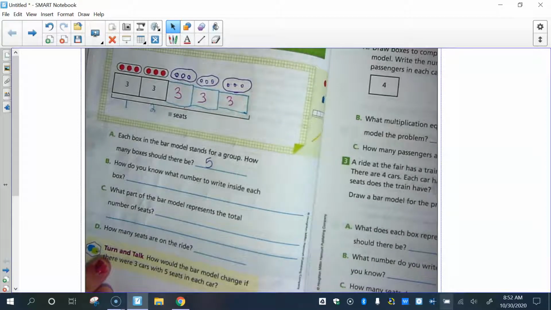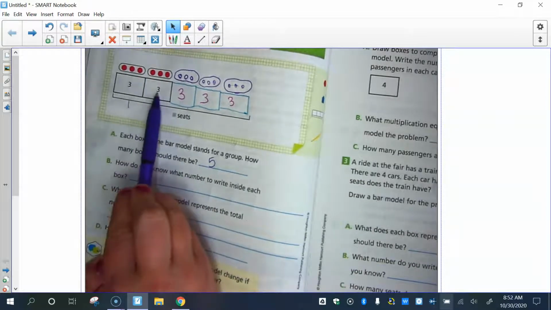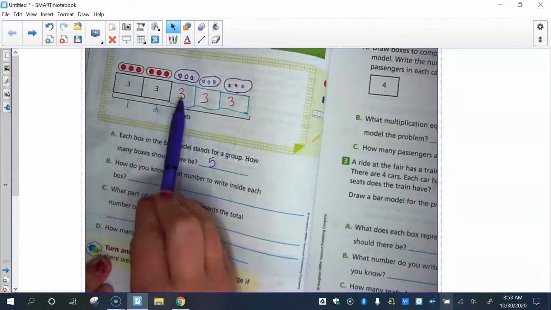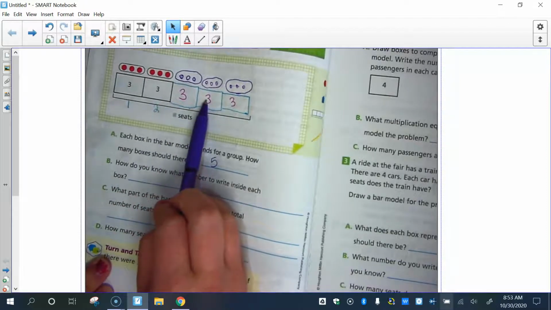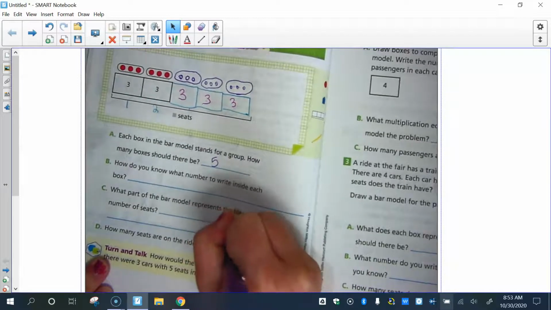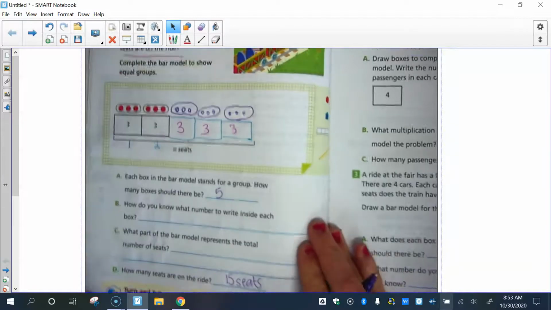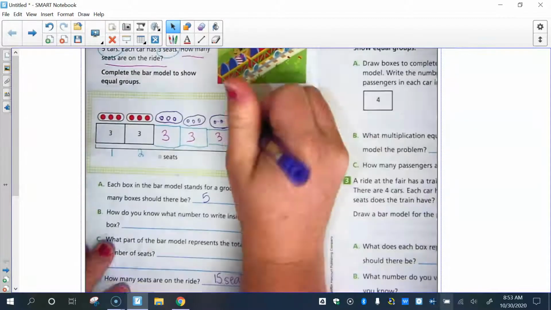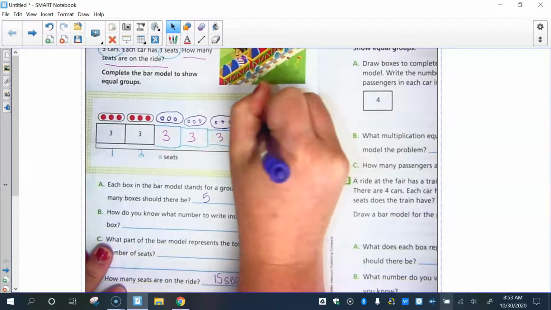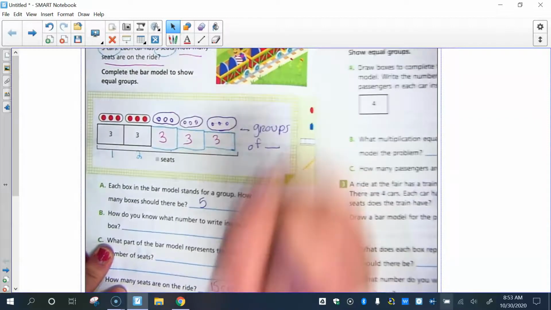So let's count how many seats. Let's skip count by 3. 3, 6, 9, 12, 15. So there's 15 seats. Always put seats. But how would we turn that to a multiplication problem? So we just skip counted by 3. Remember, blank groups of blank.